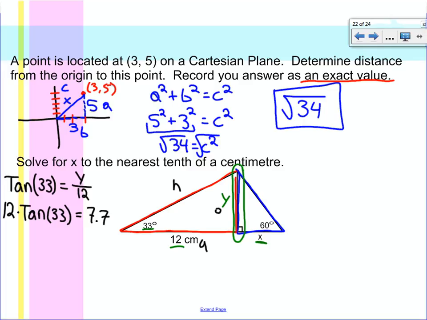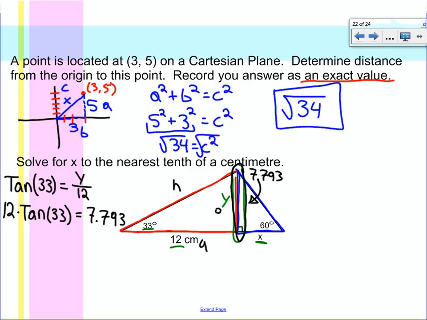Now that we know this side that we share is 7.793, we can use Sohcahtoa on that blue triangle to figure out x. And that was always our goal, was to figure out what x was.